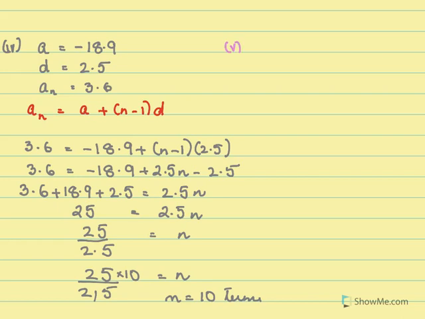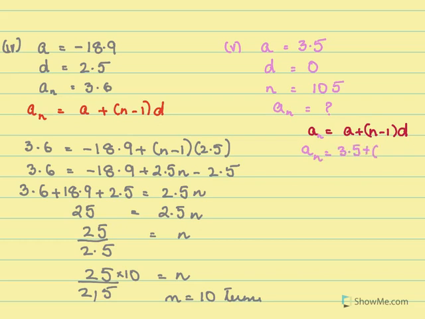Now for the fifth one. A is given as 3.5. The common difference d is 0. The number of terms is given as 105, and we need to find the a_n term. Again, the formula a_n equal to a plus (n minus 1) d. So a_n equal to 3.5, n is 105 minus 1, and d is 0.